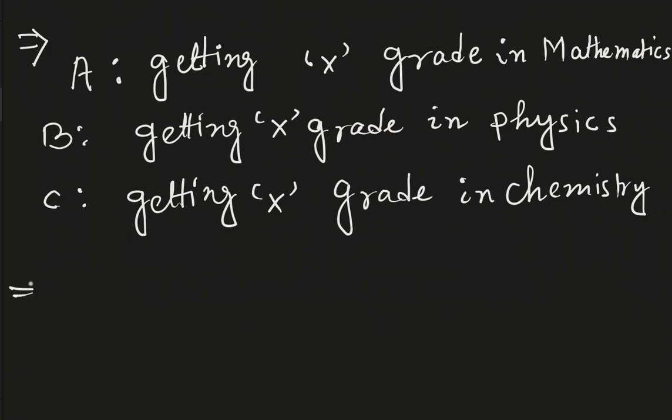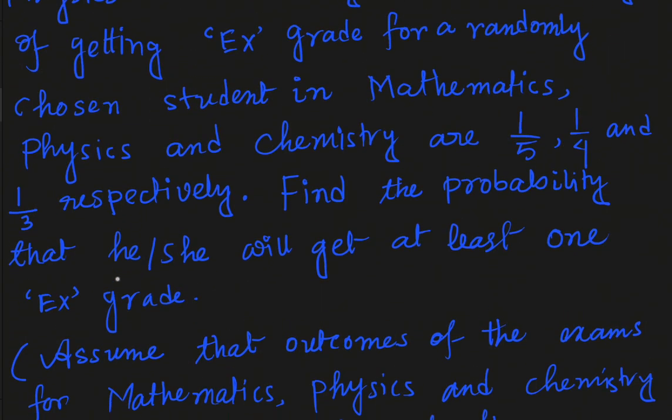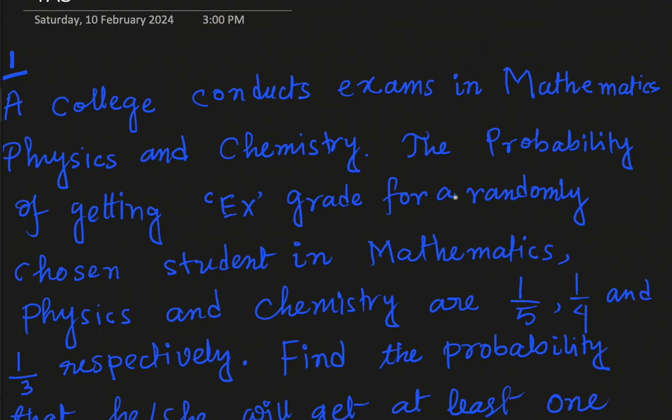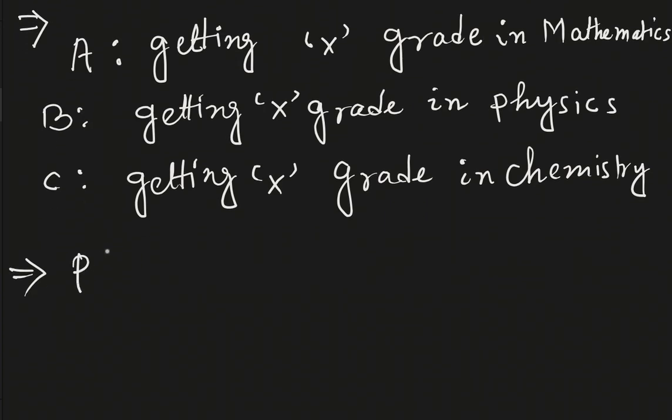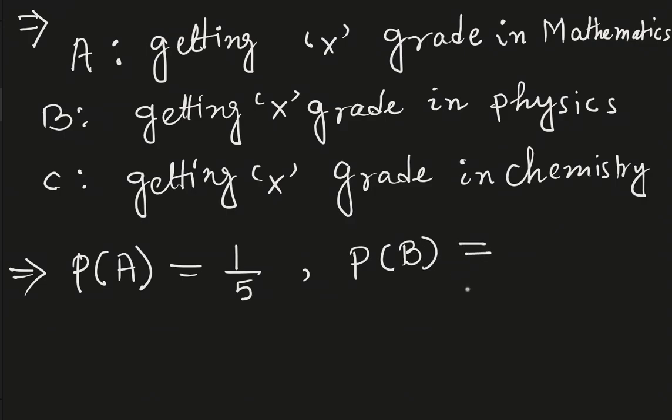And it is provided that the probability of getting X grade in mathematics is 1 by 5. So P of A, the probability of event A happening, is 1/5, and the probability of event B is 1/4.